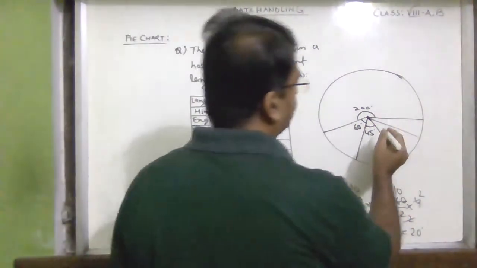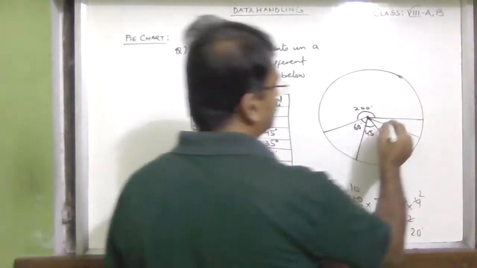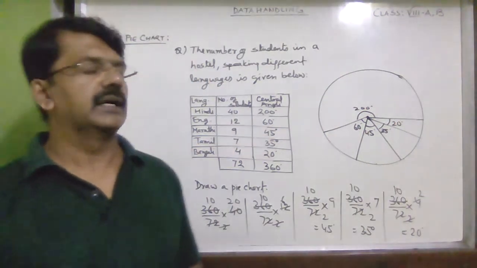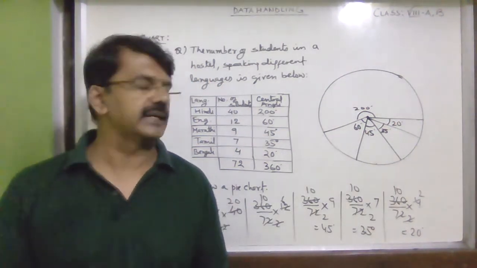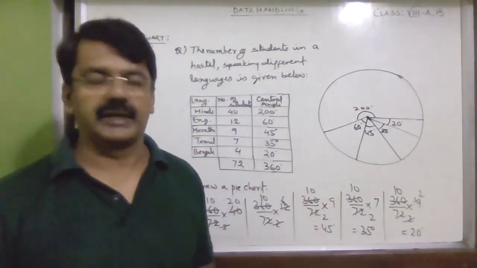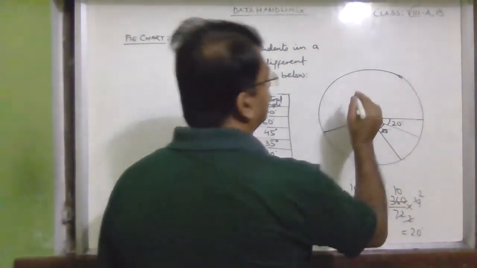Next angle is 35, and the last one is 20 degrees. So you will draw these angles using protractor, so your angle will be accurate. Now the first sector is, you can write Hindi here.